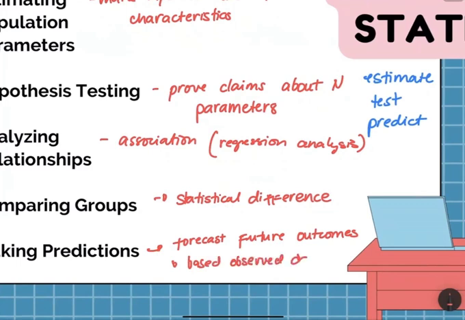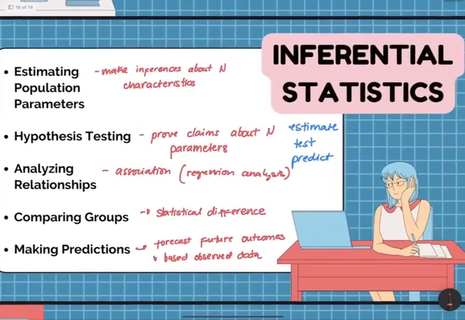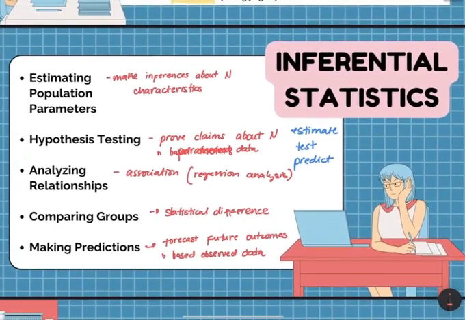So depending on the quantity of data that we use as reference, we use those retrospective data to project future occurrences based on how the data actually behaved during the time that it was gathered. So yeah, we do inferential statistics if we want to estimate population parameters, test hypotheses, analyze relationships, compare statistical differences between groups, and make predictions.